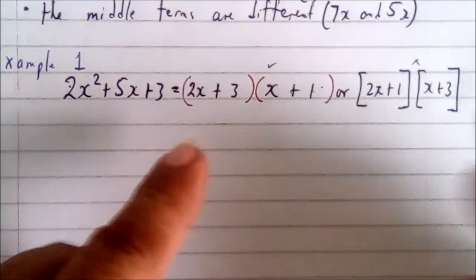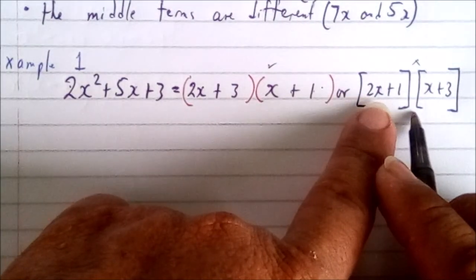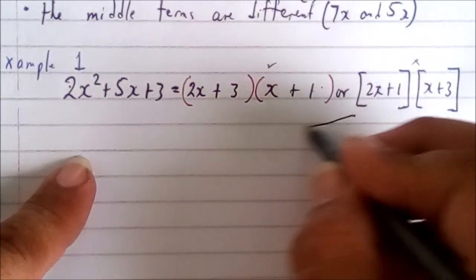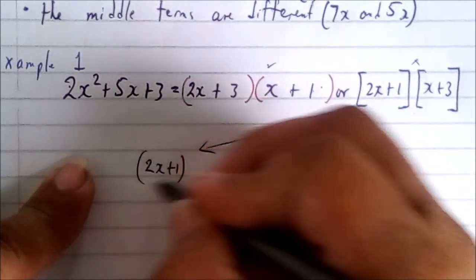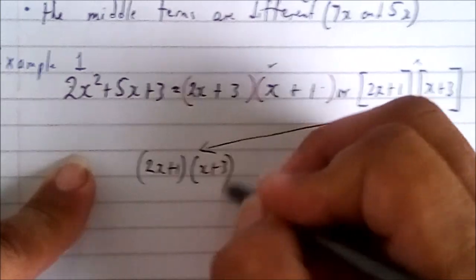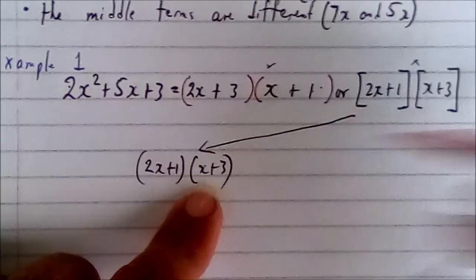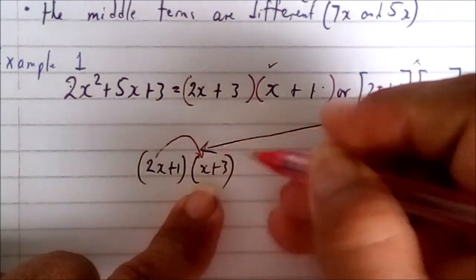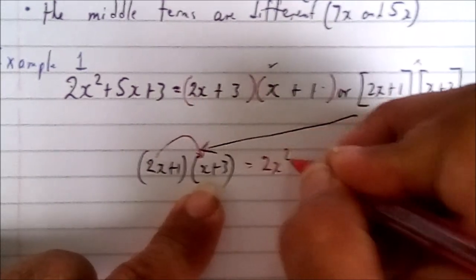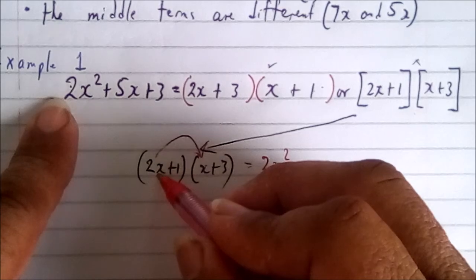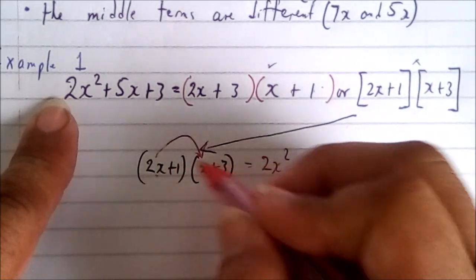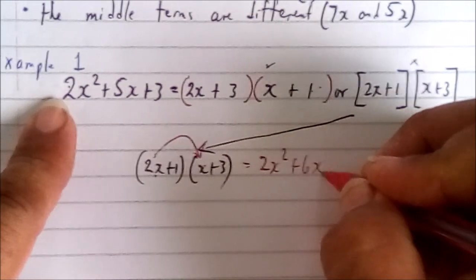Let's see why. Let's use this first one as an example. I have 2x plus 1 and x plus 3. If I expand this out, 2x times x gives me 2x squared. It looks promising. And then 2x times 3 gives me 6x.